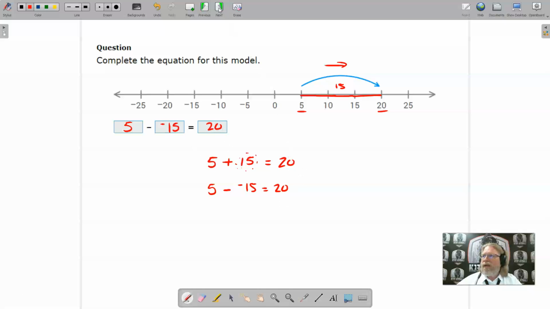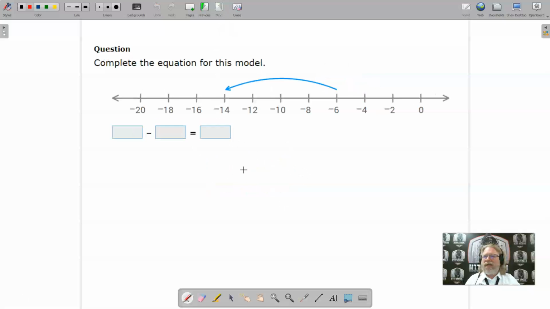All right. I think this is indeed our last problem. So we're starting at negative 6. And we're adding. We're going to write it as an addition problem first, like we did in that activity before, and then we'll change it to subtraction. I'm starting at negative 6. I'm going to the left, so that means I'm adding a negative number. So whatever number it is that we're adding, it's going to be negative.